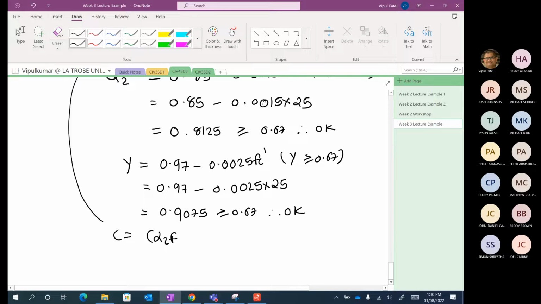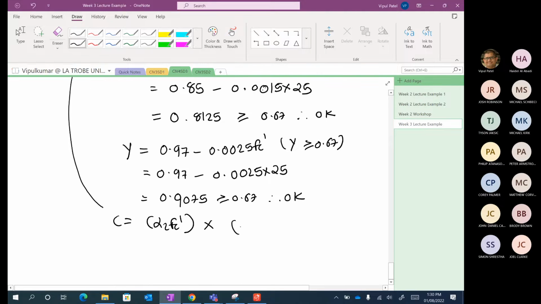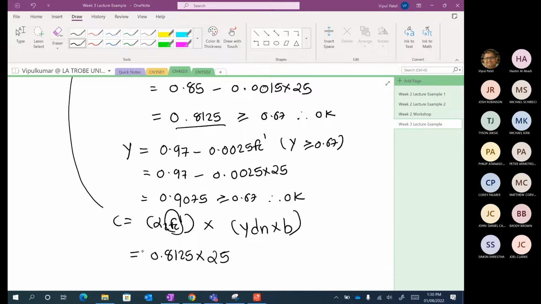C is equal to alpha 2 f'c, stress, force is equal to stress times area, gamma dn times b. Alpha 2 is 0.8125, we just calculated. f'c is 25 megapascals, given in our examples.